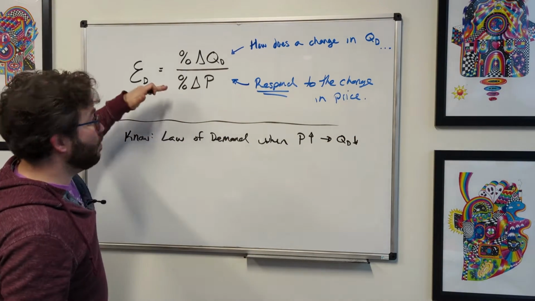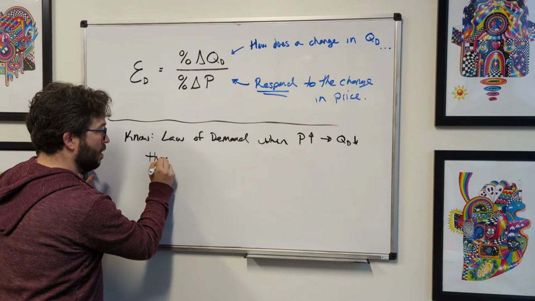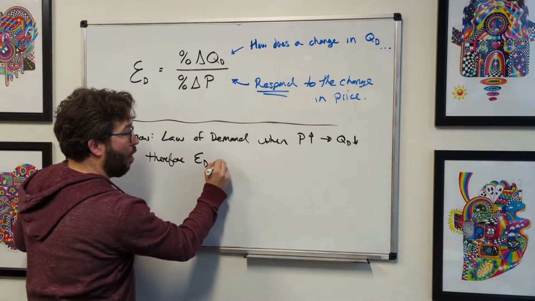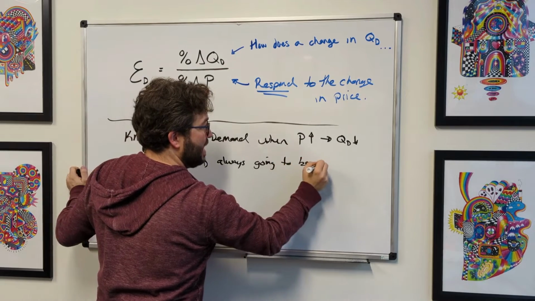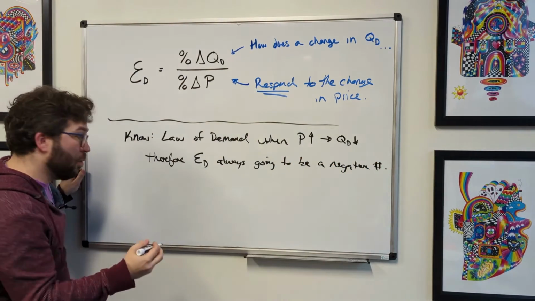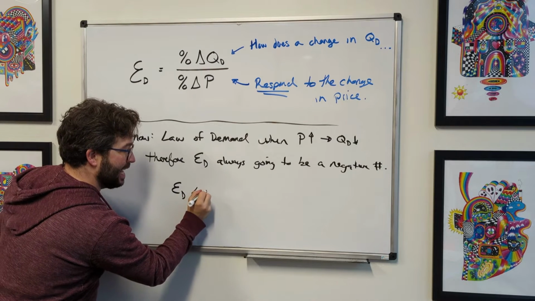What that's telling me with this equation is therefore the price elasticity of demand is always going to be a negative number. In other words, elasticity of demand will be less than 0.